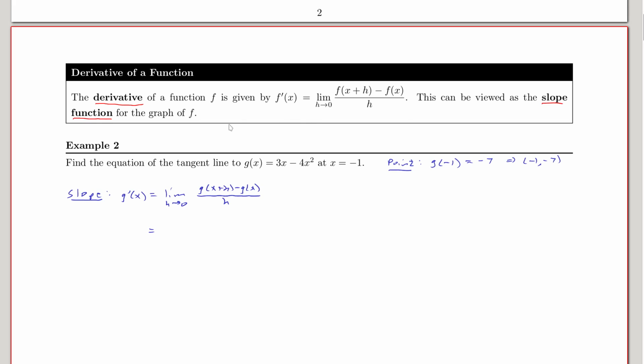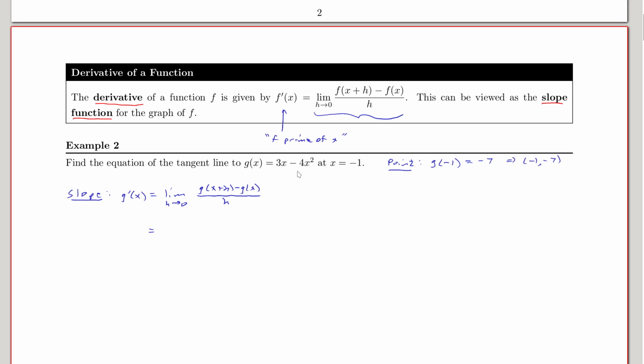As promised on the previous page, here's a little bit of notation and a new vocabulary word. This expression here that we built and worked with on the previous page is called a derivative. That is just the slope of a curve. And the notation here is read as f prime of x.